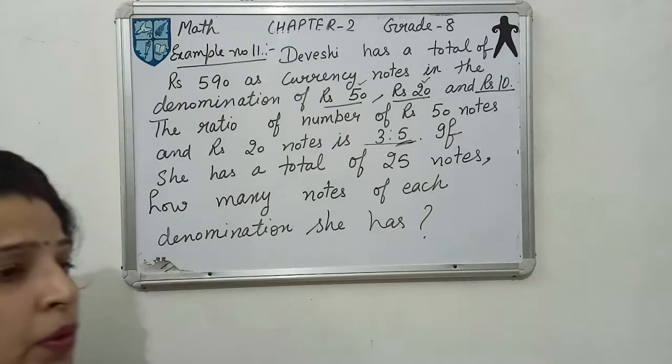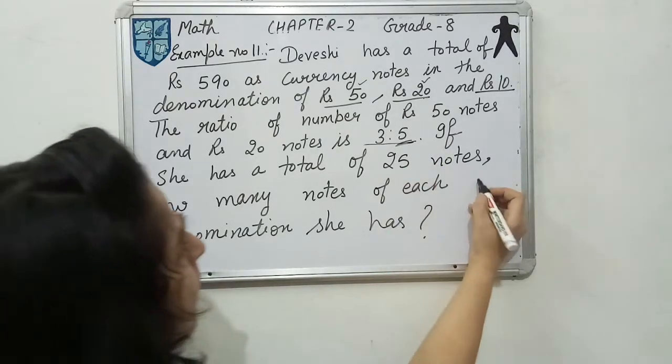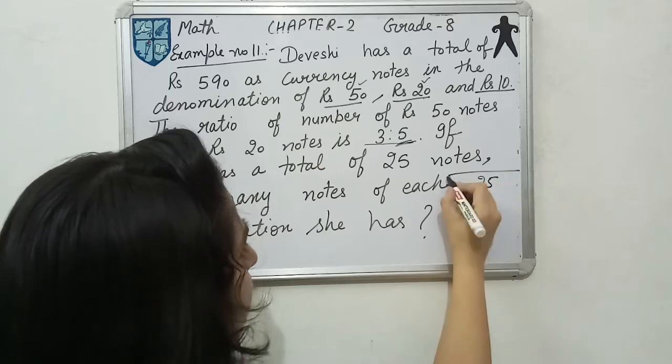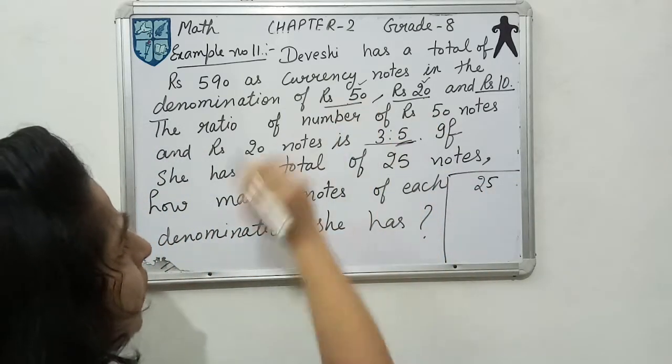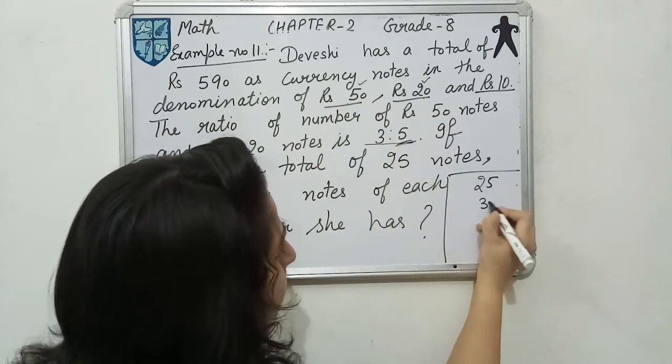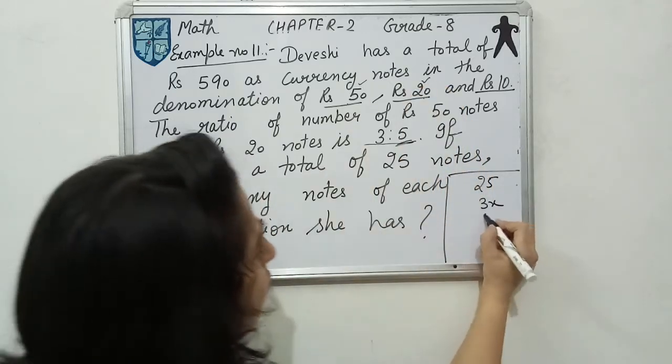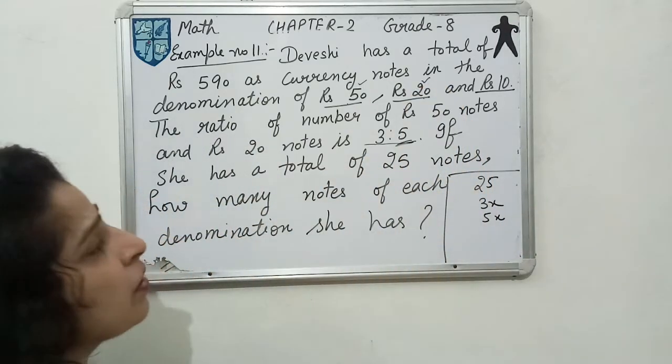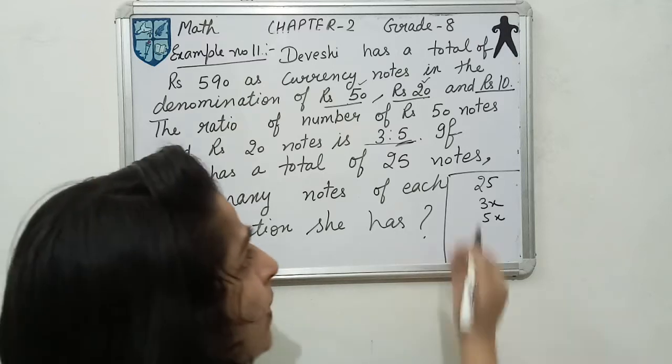So total notes she has is 25. If total notes are 25, rupees 50 notes are 3x and rupees 20 notes are 5x, what should be the number of notes of rupees 10?